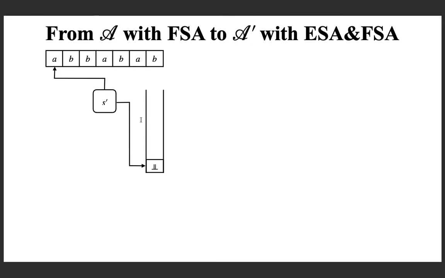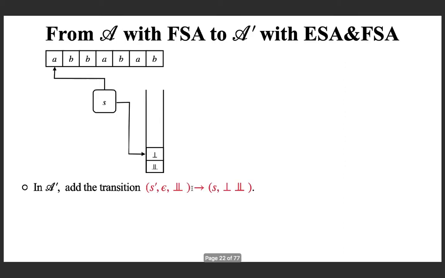And this is the configuration. Suppose I add this transition. What is it? If you are in the newly added state, which is the initial state of A prime, then without consuming an input, if you have new bot as the stack top symbol, then you change your state to S and replace the new bot with a string of bot and new bot. So if I fire this transition, what will happen?